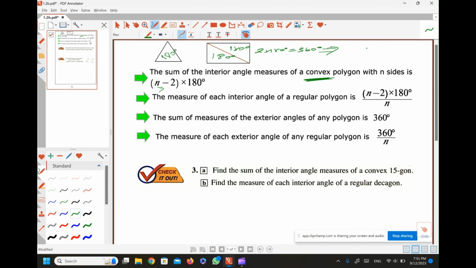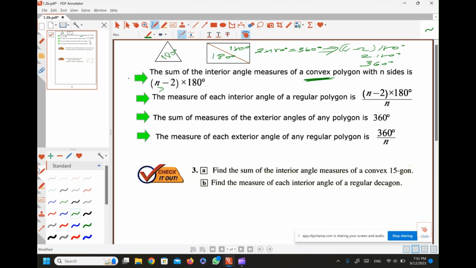We have a four-sided polygon, so n is 4. (4 minus 2) multiplied by 180 degrees will give you the sum of interior angles. 4 minus 2 is 2. 2 times 180 degrees gives you 360 degrees. So that proof verifies our formula, our theorem. If you forget this formula, you can always break the polygon into triangular parts and find the sum.